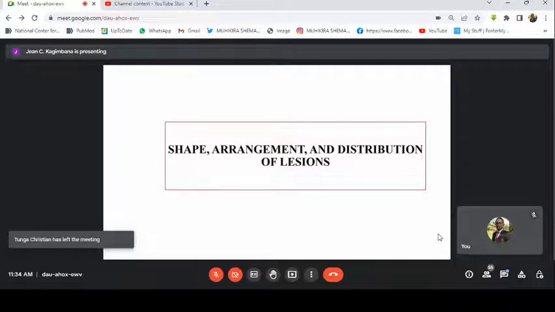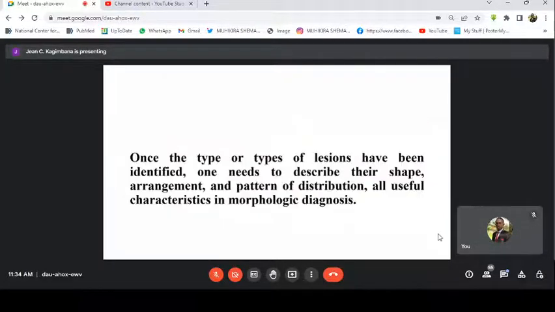Now you have to characterize the distribution. Once a type of lesion has been identified, one needs to describe their shapes, arrangements, and pattern of distribution, all useful characteristics in morphological diagnosis.